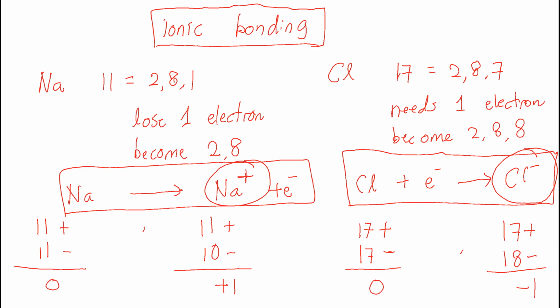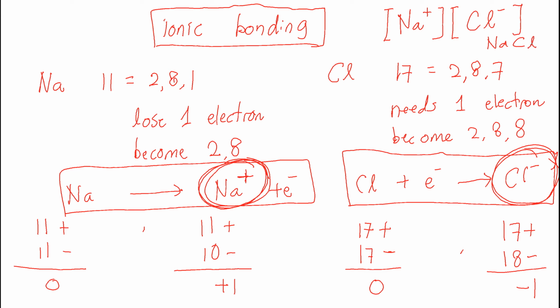Since opposite charges attract, the positively charged sodium ion will be strongly attracted to the negatively charged chloride ion. What we get in the end is an Na+ ion ionically combined with a chloride ion to form the compound sodium chloride. This is the fundamental basis of ionic bonding.